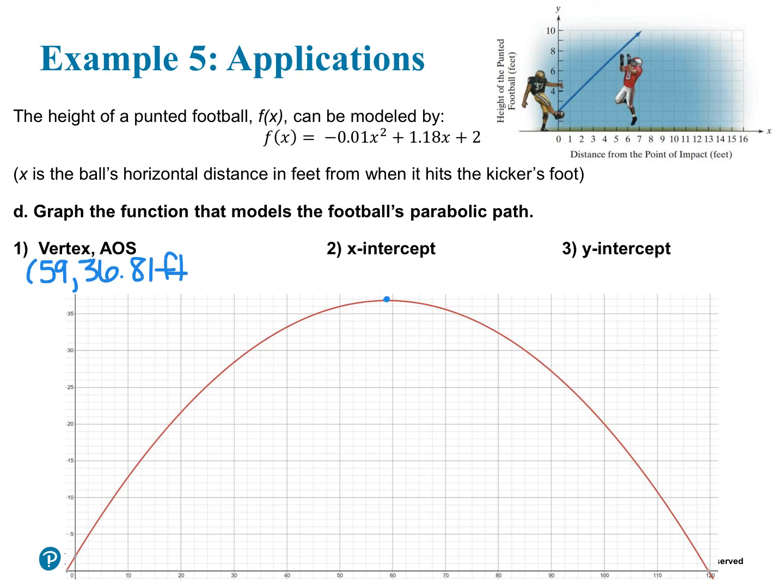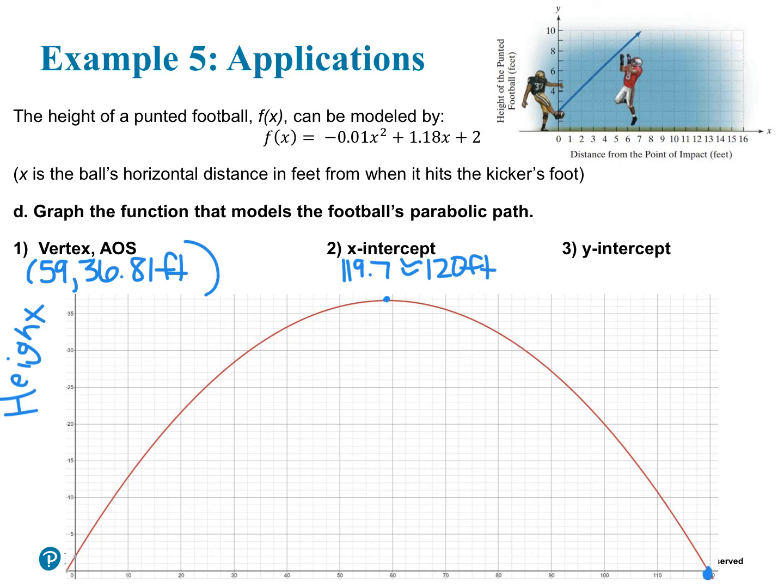That's 59 feet down the field and 36.81 feet high. So this is the height of the football. Okay, the x-intercept, we said it was 119.7 or about 120 feet. So that's where it hit the x-axis.